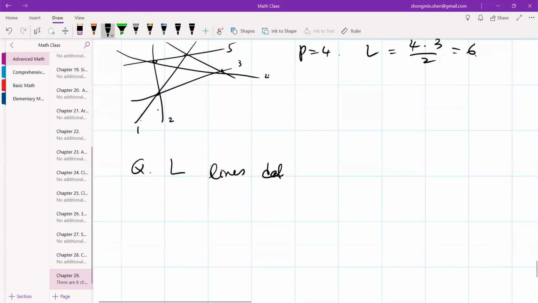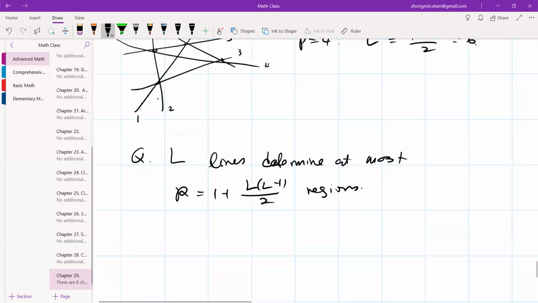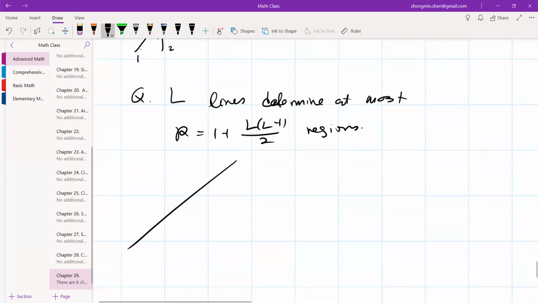L lines determine at most R, which is going to be 1 plus L times L plus 1 divided by 2 regions. Okay, for example, you have one line. How many regions? 1 and 2. Okay, 2 regions. When L equals 1, R is going to be 2 regions.